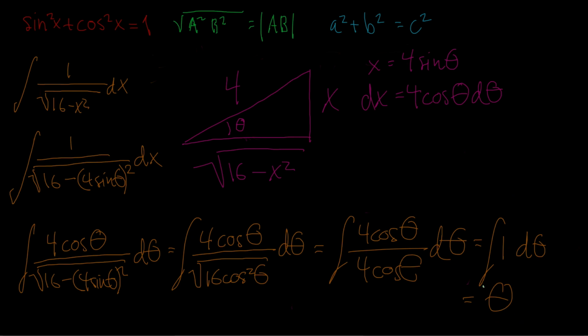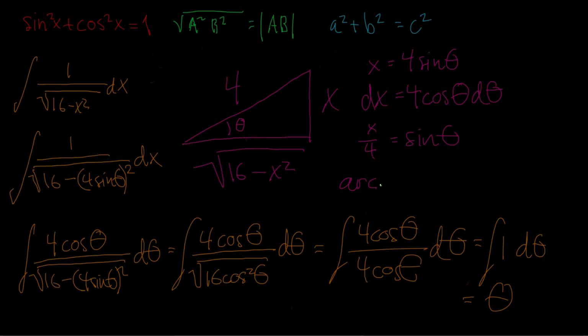But all we did was we found our integral in terms of theta. Now we need to try and get it in terms of x, because that was the original point of our equation. We know that x equals 4 sine theta, so we can say x divided by 4 equals sine theta, and then we can find the inverse sine, or the arc sine.